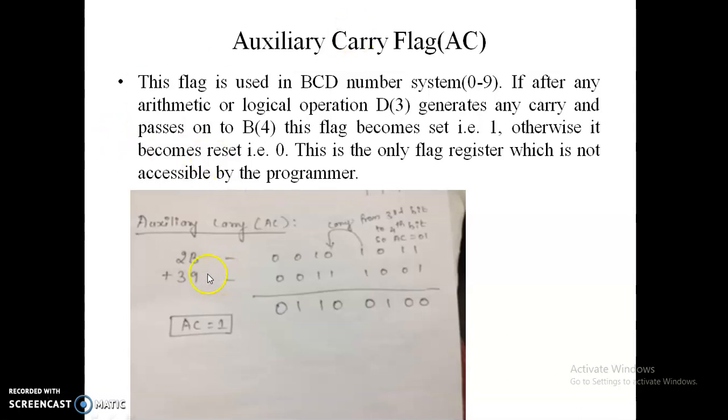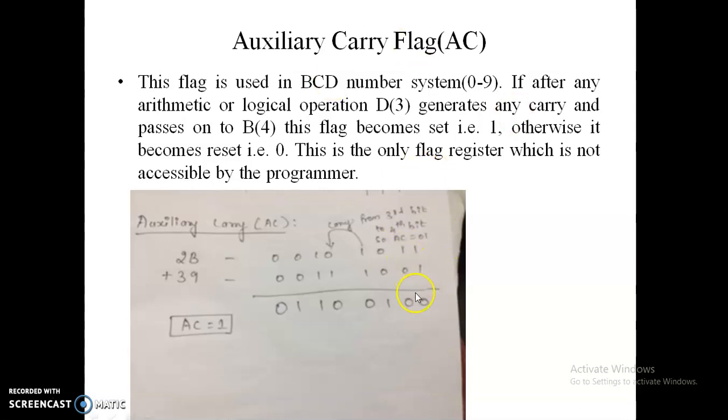Here you can see in this example, I add the value 2B plus 39. 2 has its equivalent binary value, B has its equivalent binary value, and similarly 3 and 9 have their binary values. Here I add these two numbers. 1 plus 1 is equal to 0 with a carry of 1. Again, the 1 is carried over there.